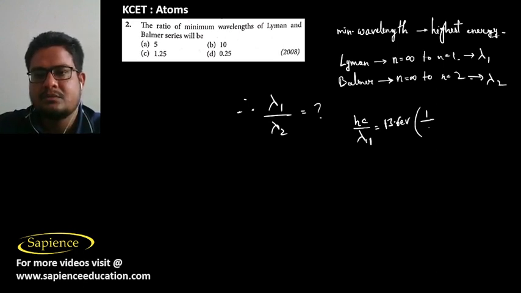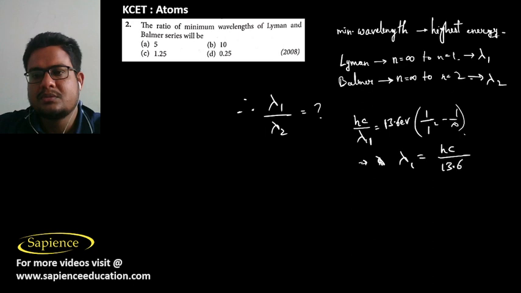So this is 1 by 1 minus 1 by infinity, which is 0. Therefore lambda 1 will be equal to hc by 13.6 electron volt.